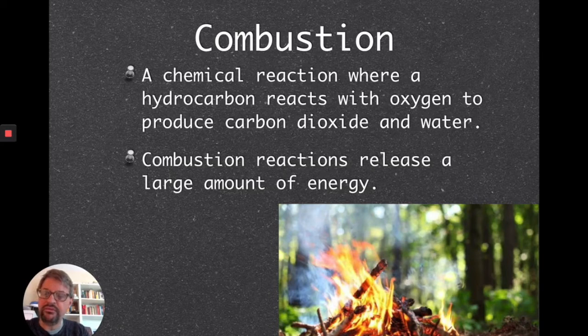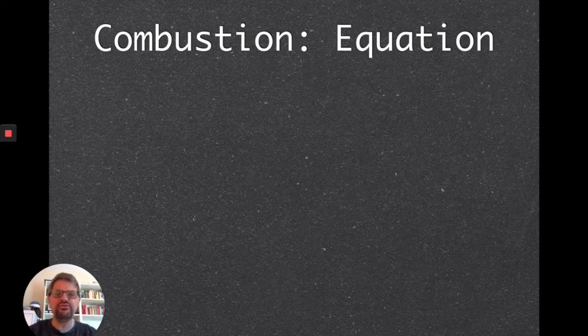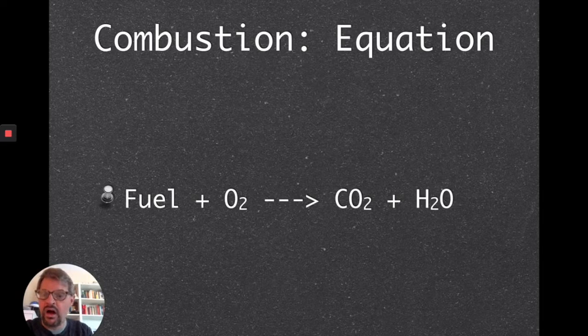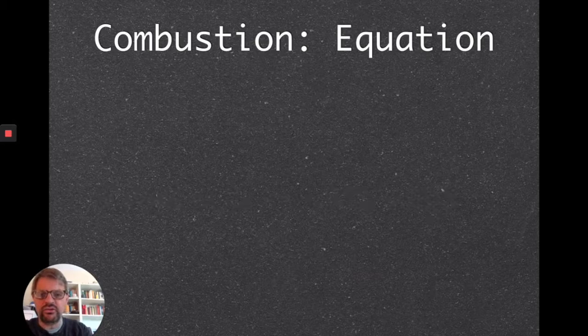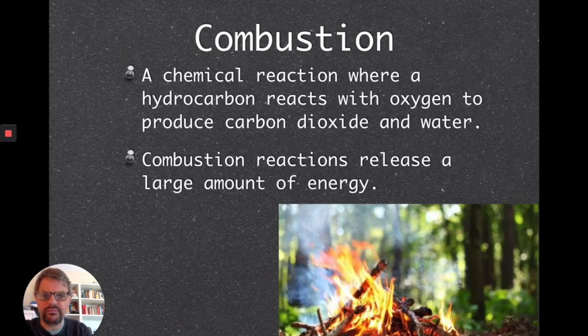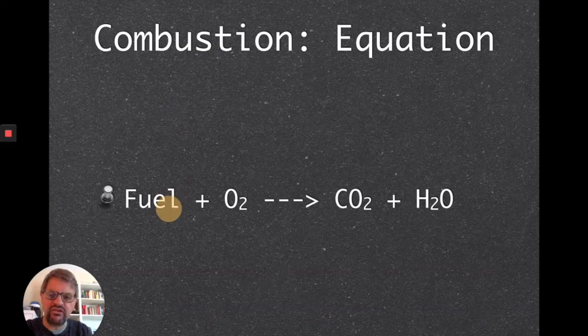Okay? Now, the form of a combustion equation. Just before we were out of school last month, we started looking at chemical equations. This is how you represent a reaction on paper. The general form of a combustion equation is as follows.